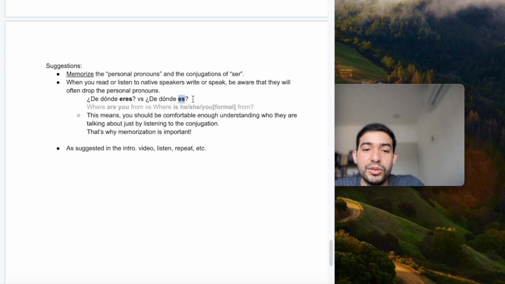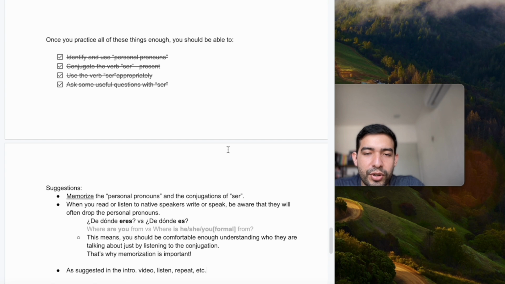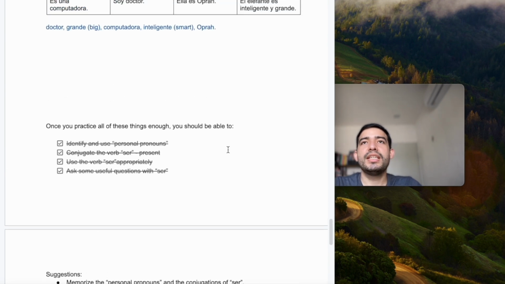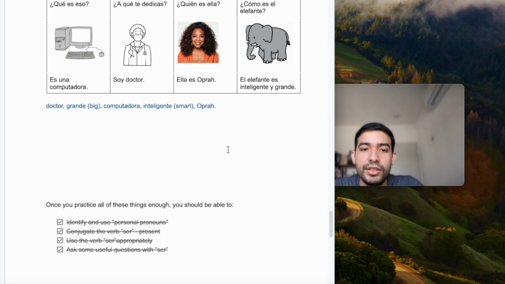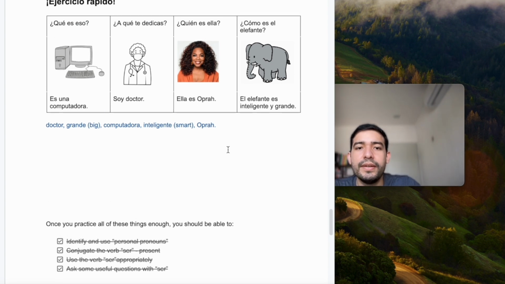You should be able to do this. That's why it's really important to practice, right? And that's why memorization is important. And also, as suggested in the intro video, listen, repeat, do all of those learning tips. For now, it is not how many different grammar points you know, but how well you can use the few ones that you will be learning little by little, okay?